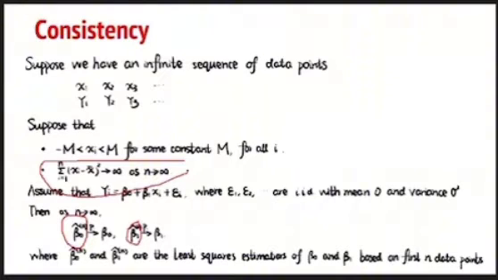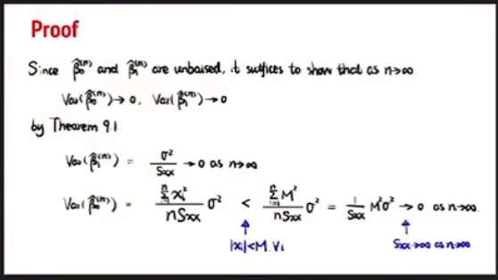So the proof is: if we want to show that the least squares estimator converges to the true value of the parameter, then as n tends to infinity, we expect their respective variances to converge to zero. The other time we derived their variances, so we're going to make use of the formula for their variances.